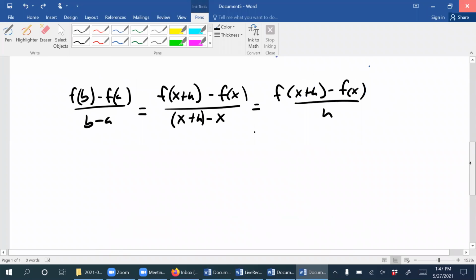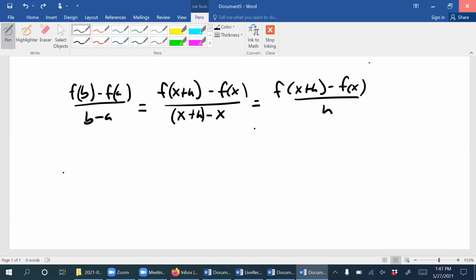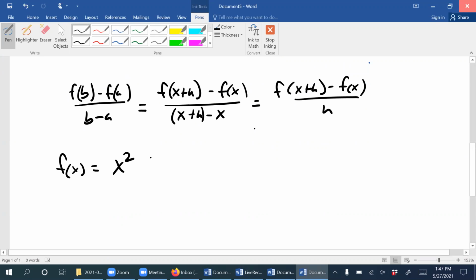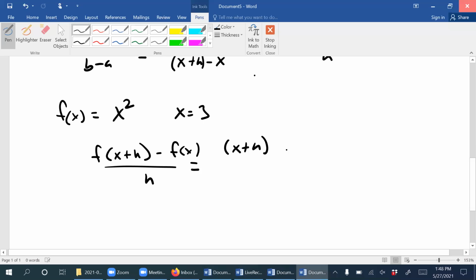Now what we did is, for instance, if f of x equals, let's say, x squared, and we want x to become 3, we ask, what is the slope, or what can we do with this equation? f of x plus h minus f of x over h was rewritten as x plus h squared minus x squared over h.